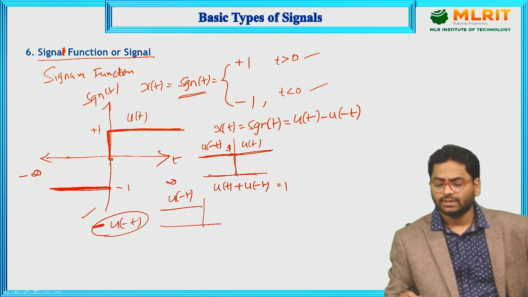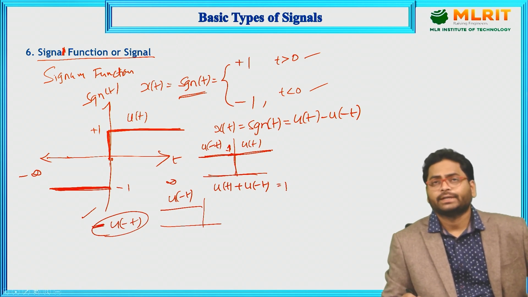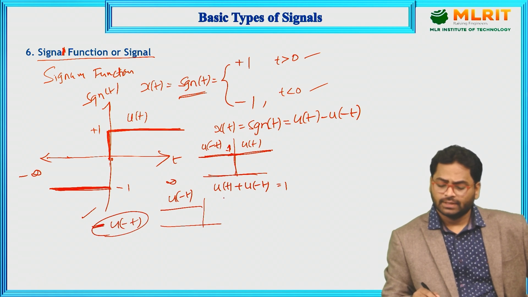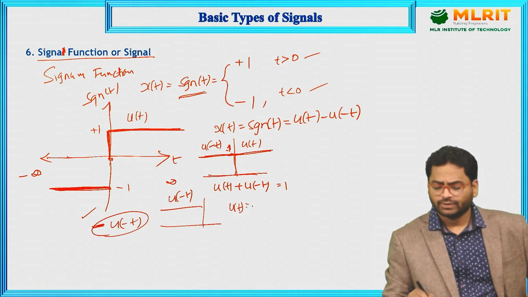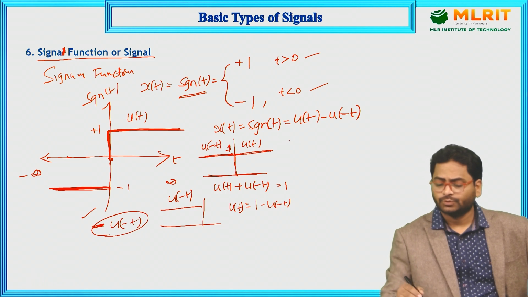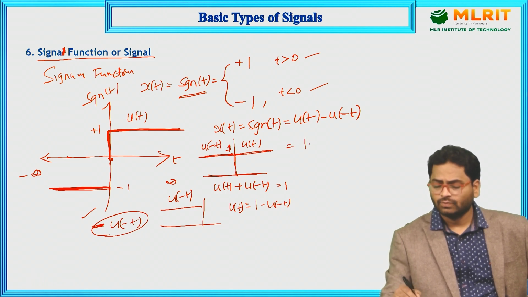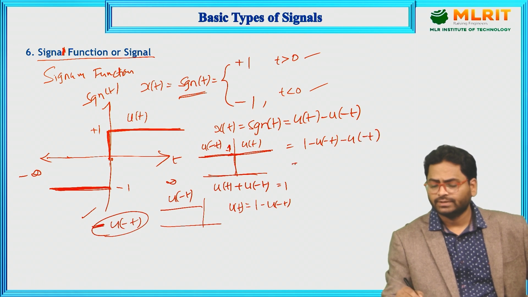You can take it as 1. So from here I am writing the u of t value first: u of t is equal to 1 minus u of minus t. Then substitute over here: u of t is 1 minus u of minus t, minus u of minus t, which is nothing but 1 minus 2 into u of minus t.